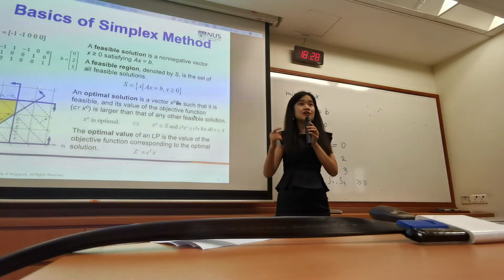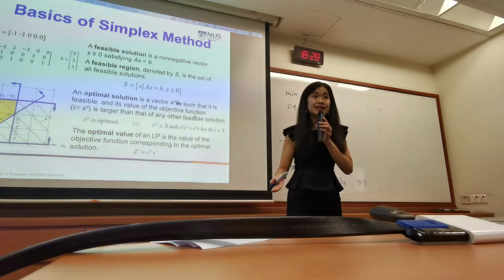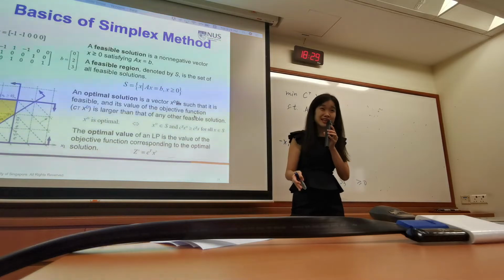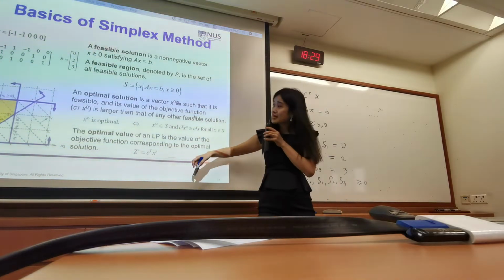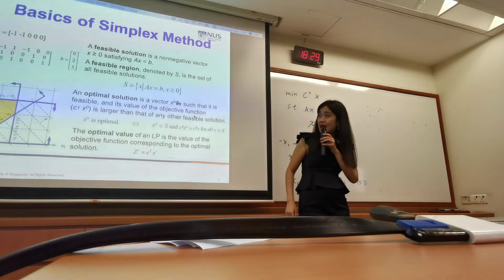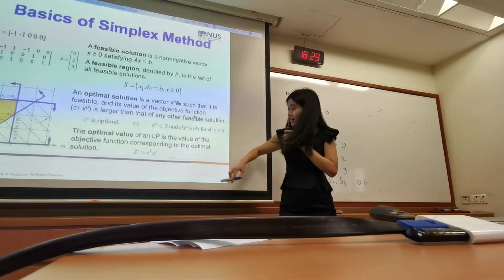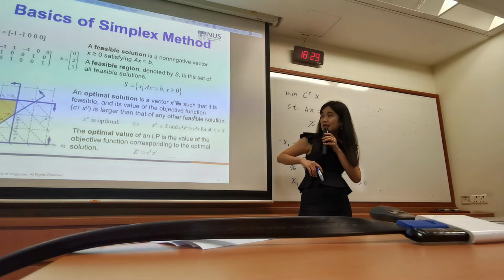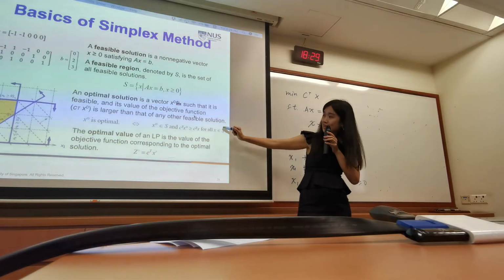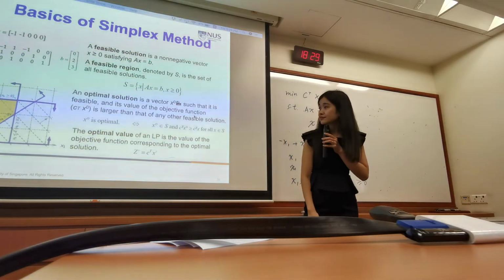When we search, we try to search until it won't increase the value, or until you think it is a maximum value, and you terminate there. By definition, it means this x optimal belongs to the feasible set S, and this objective value C transpose x0 is larger or equal to any of the other feasible solutions in the feasible set S. So this is the definition.